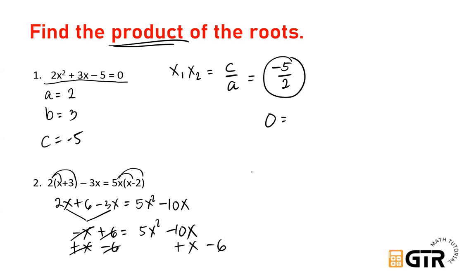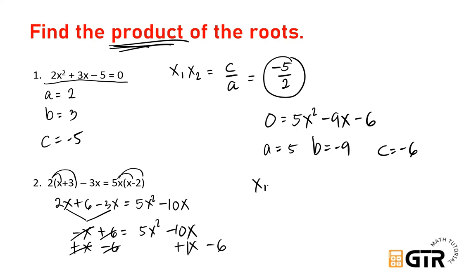So 0 is equal to 5x squared, negative 10x plus 1x, so negative 9x, and then copy negative 6. Now a is 5, b is negative 9, and c is negative 6. Therefore, the product of the roots for number 2, x sub 1 times x sub 2, is equal to c over a, negative 6 over 5.